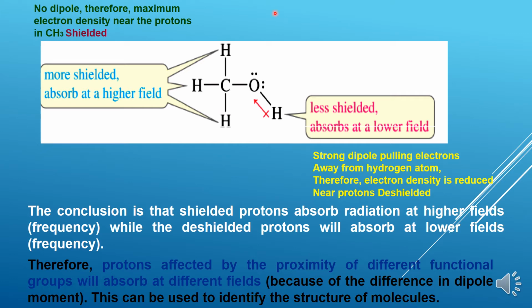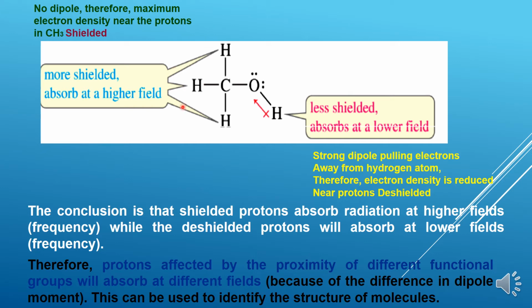In this slide, I have compiled the best example to illustrate shielded and de-shielded protons. This is methanol, in which two types of protons are available. One is the methyl protons.